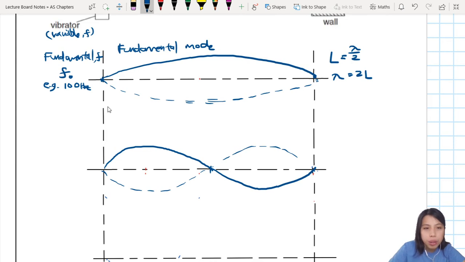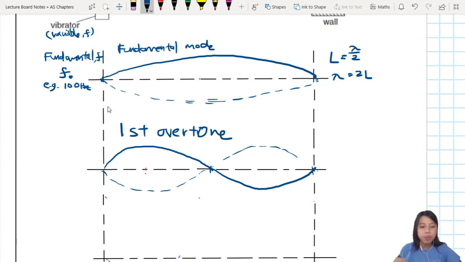This is what we call the first overtone. And yes, I forgot to label the nodes and antinodes. Here is a node, node, node, and of course, antinodes here, where the amplitude is the maximum. Here only 2 nodes, 1 antinode. Very simple. So how would the frequency relate to the fundamental?